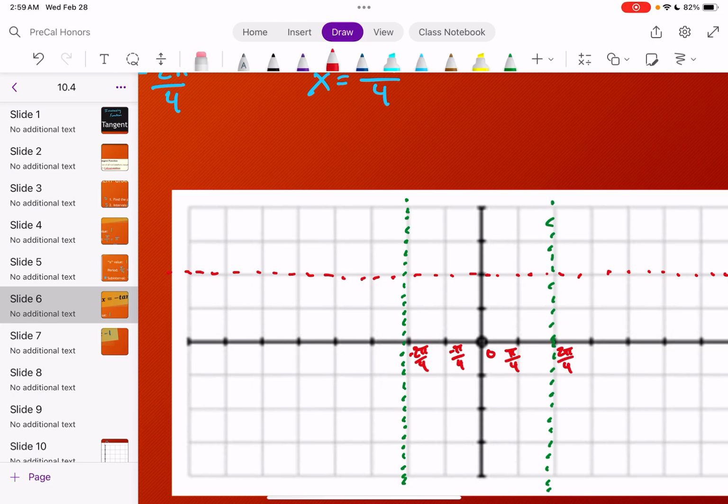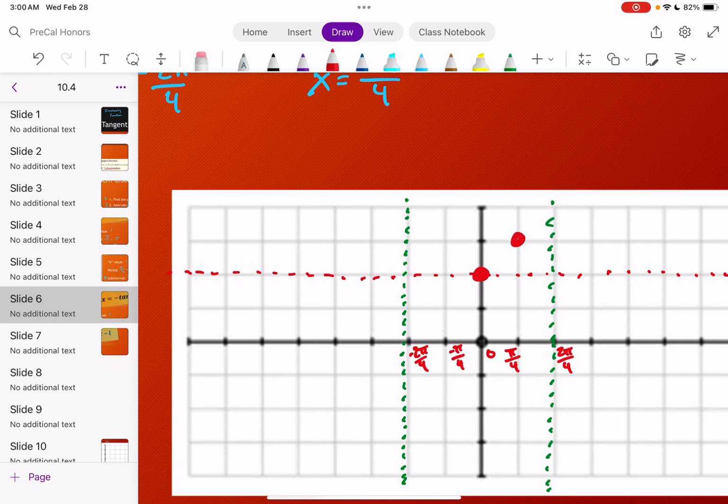You're going to go ahead, find your midpoint. In this case, it would be at the 0. Now, remember, your 0 is going to fall on your midline at all times. From here, remember, our a value is 1, so as we go right 1, we are going to go up 1.